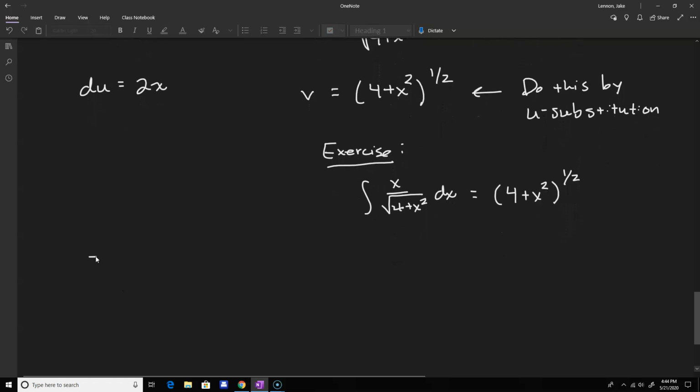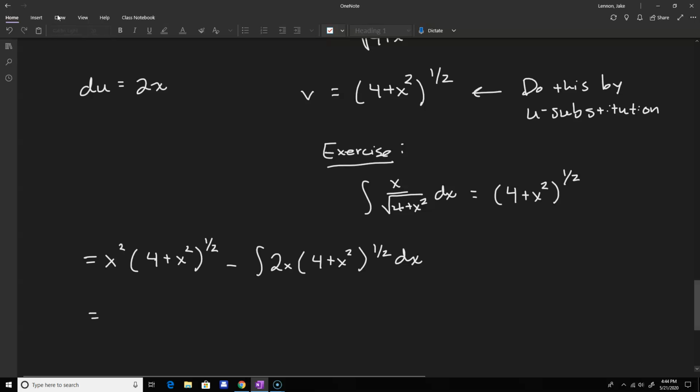So we end up getting x squared times the quantity 4 plus x squared to the 1/2, uv, minus the integral of 2x times 4 plus x squared raised to the 1/2 times dx. And again, I will let you know that the second integral is also computed by u substitution.